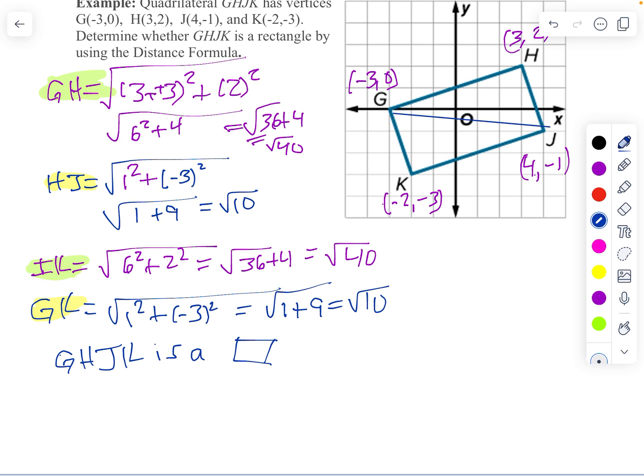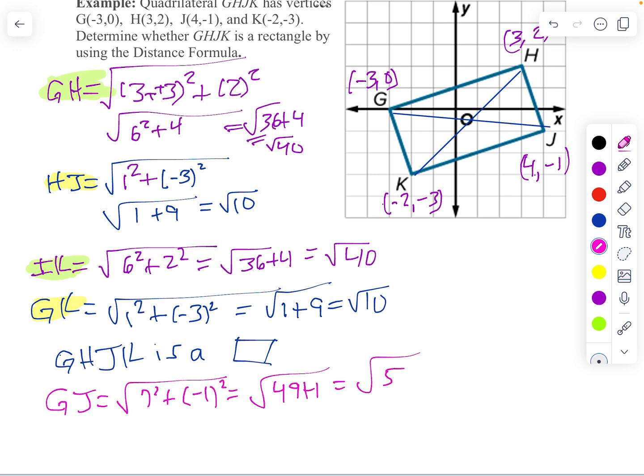So I'm going to go G to J and H to K. Let's start with G to J. I'll subtract my x coordinates first. 4 minus a negative 3, well, that's going to be 7. And then negative 1 minus 0, well, it'll be negative 1. So we get the square root of 49 plus 1, which is the square root of 50.